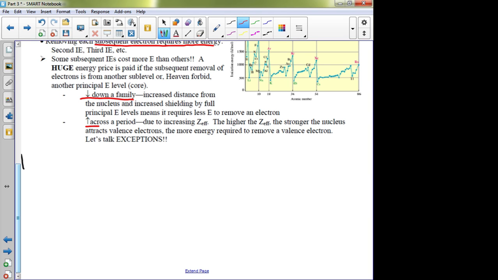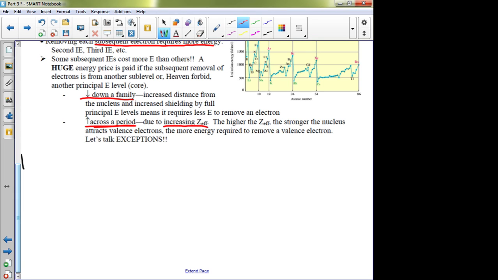All right. Let's talk about what happens to the ionization energy as I go across the periodic table. As I go across the periodic table, what argument am I going to use? The first one. The effective nuclear charge. As I go across the periodic table, my effective nuclear charge is what?